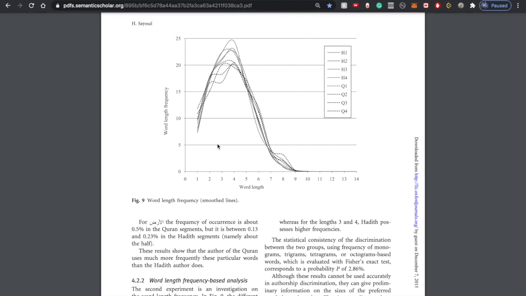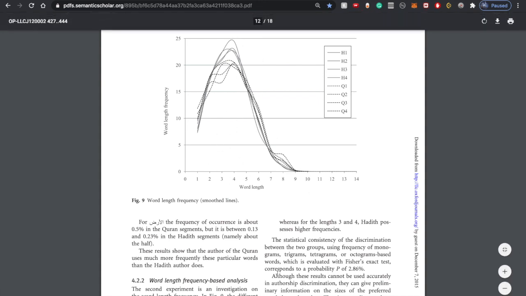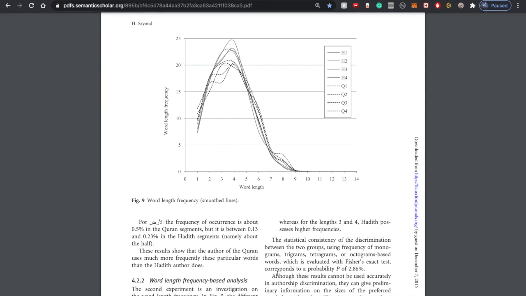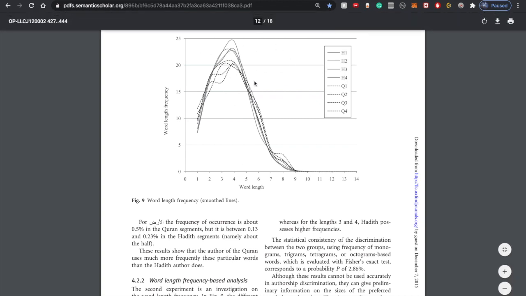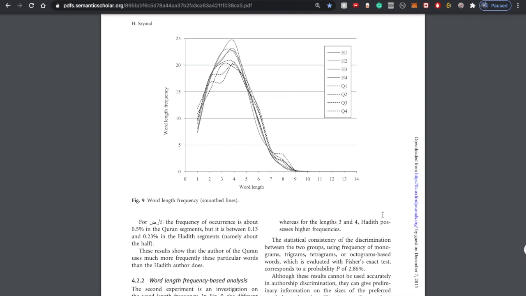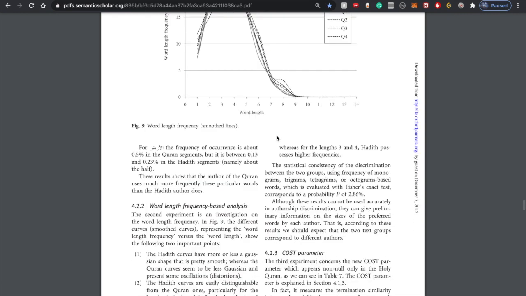Because that's just the nature of how the words are made. Most words have 3, 4, 5 letters, and they go up, and then there's the sweet spot, and then you have very few letters in the words as you move on, right? So it's important to keep that context in mind.